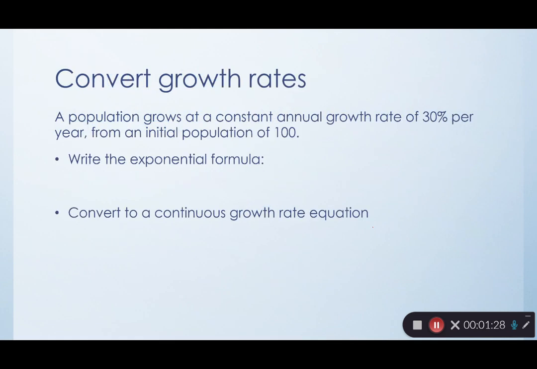Okay, so this is kind of similar to some of the book homework problems. We have a population growing at a constant annual growth rate of 30% per year from an initial population of 100. So this is not continuous growth, this is constant growth rate. So this is like at the end of the year, 30% more people magically materialize in the town. In that case, we are using an A, B to the T model.